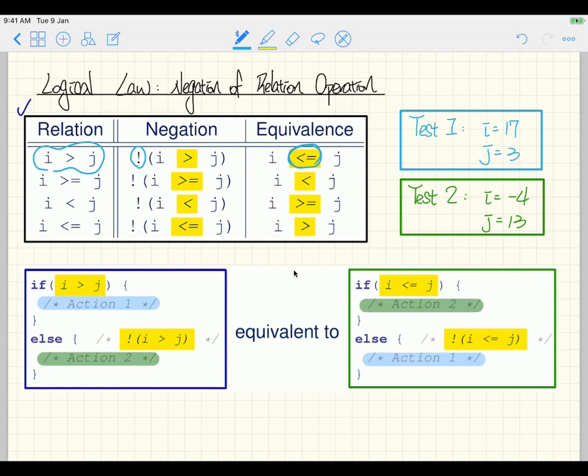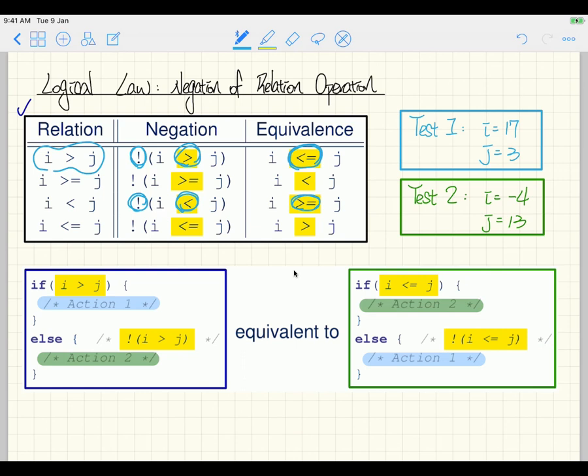So the key is, when you have strictly larger than and you apply the negation, it turns out to be just less than or equal to. Similarly, if you have i less than j and you apply the negation to it, what you get is larger than or equal to. These are the rules you have to know, but you pretty much knew them already before this course. It's a table you can go through, very intuitive.